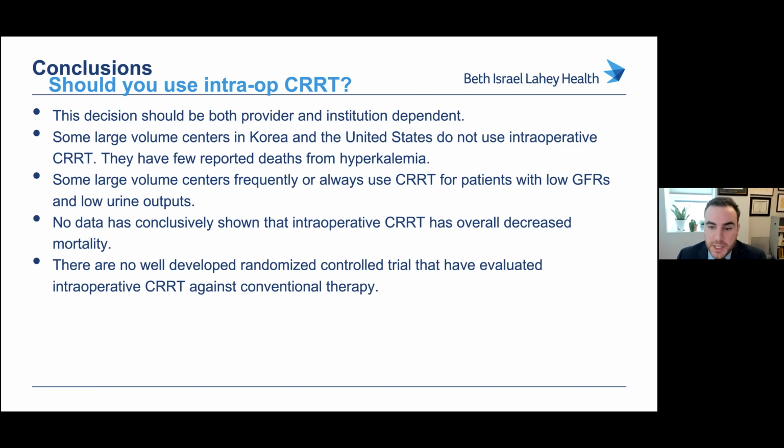I think the percentage from what I read from a few trials, maybe around 20 or 30% need it for a period of time afterwards. And I think the conversion to people that become end-stage renal disease is under 10%.